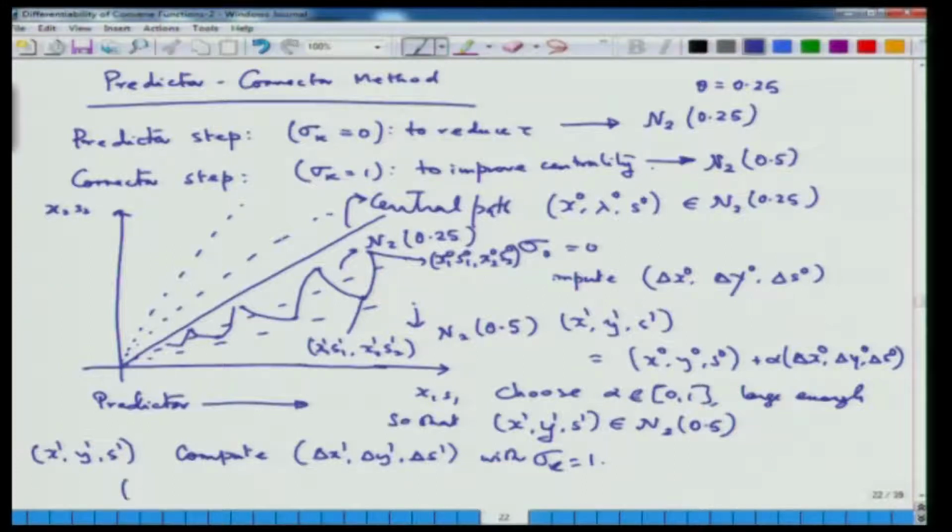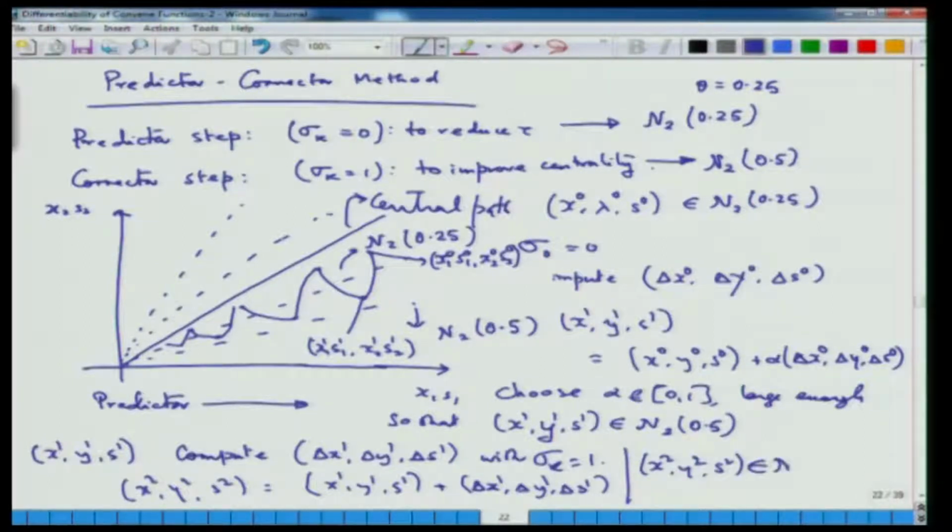So, I will now compute x2 y2 s2, I will take a unit step, my alpha would be equal to 1. And I can actually mathematically prove, which we will not do here because of time constraint, we cannot be so much detailed, that this new x2 y2 s2 lies in a smaller neighborhood.